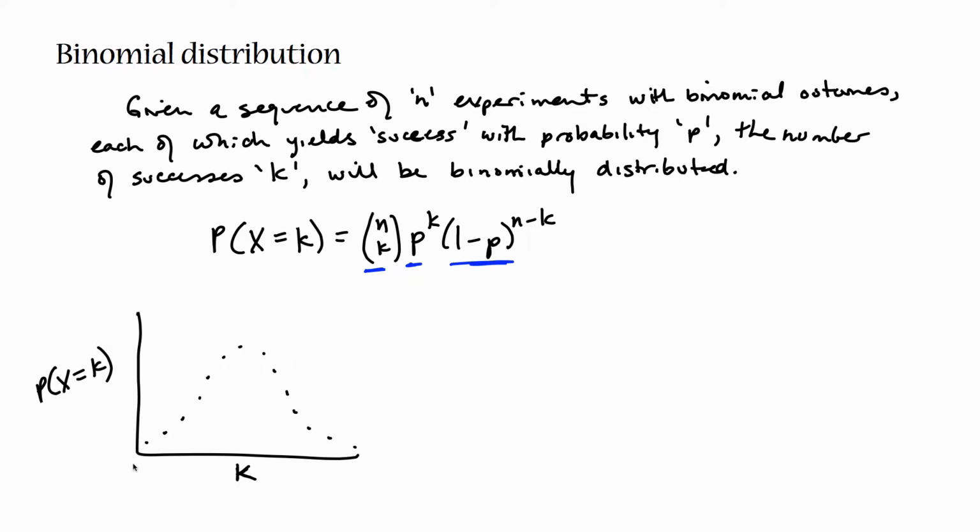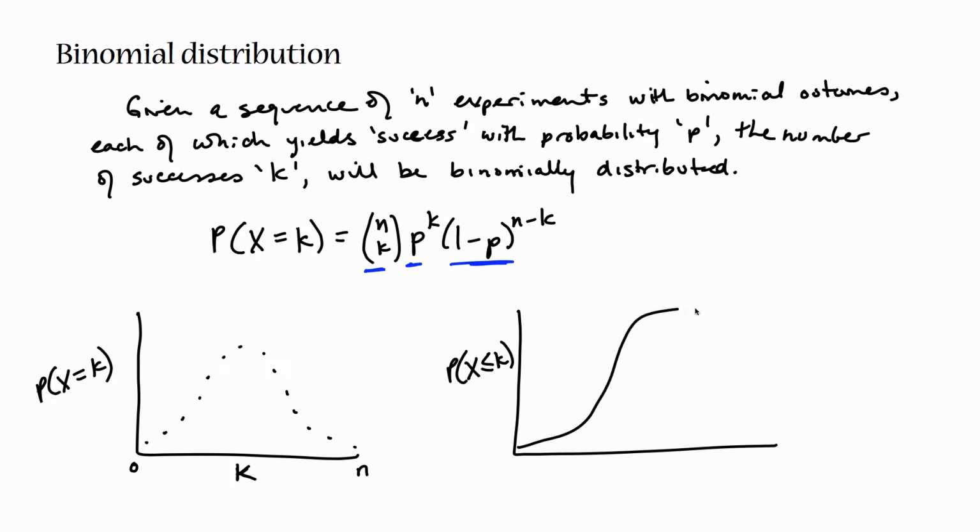And the range of the function tends to be from 0 up into the number of trials, right? Because if you do n trials, the maximum number of successes you can have is n equal to k. And the cumulative mass function, the probability that x is equal to or less than k, looks sigmoidal, like that.